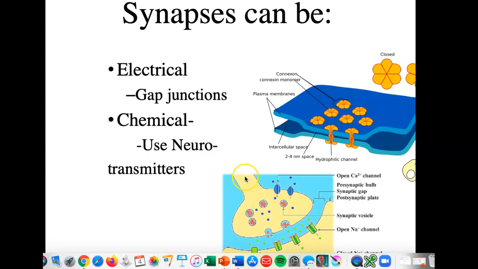So we're assuming we have an action potential traveling down here. It can't just jump over like it would in a gap junction. It would need the release of the neurotransmitter and then the opening of sodium channels after that neurotransmitter has attached onto that receptor. So very different in the way that functions. And most of them, as I said, will be chemical.